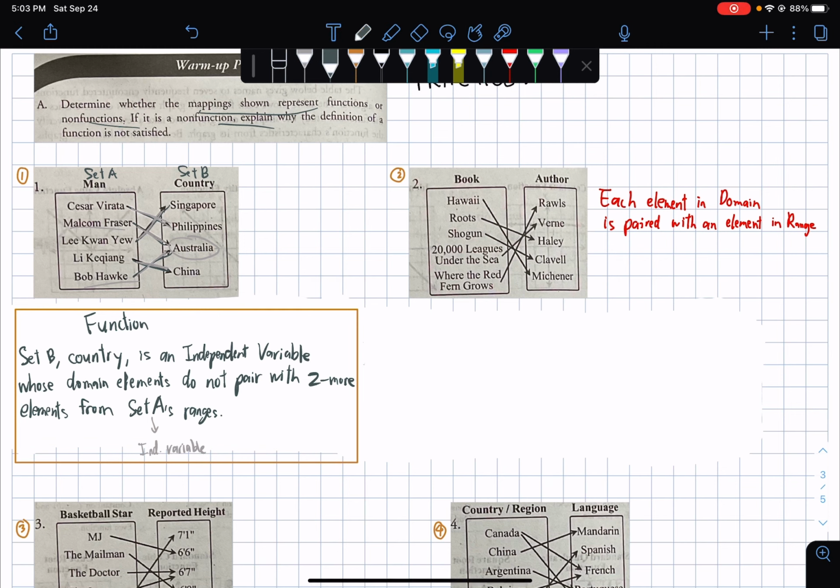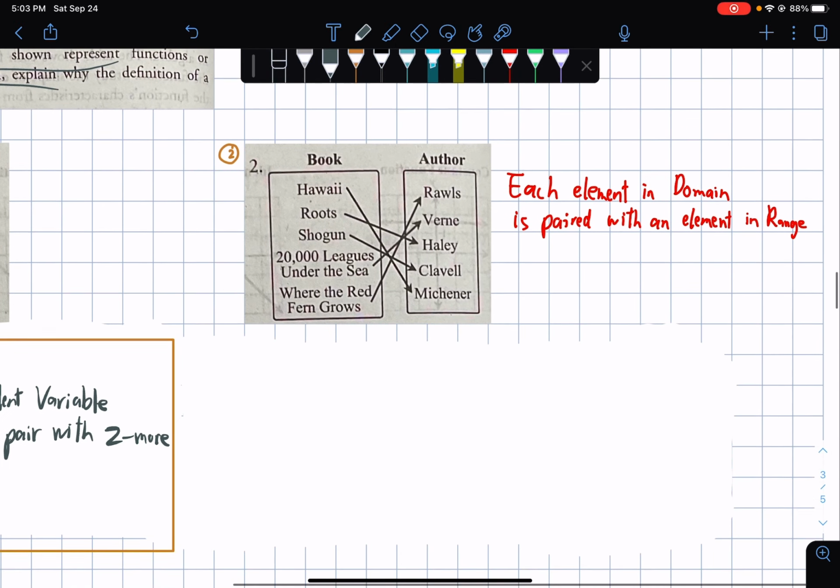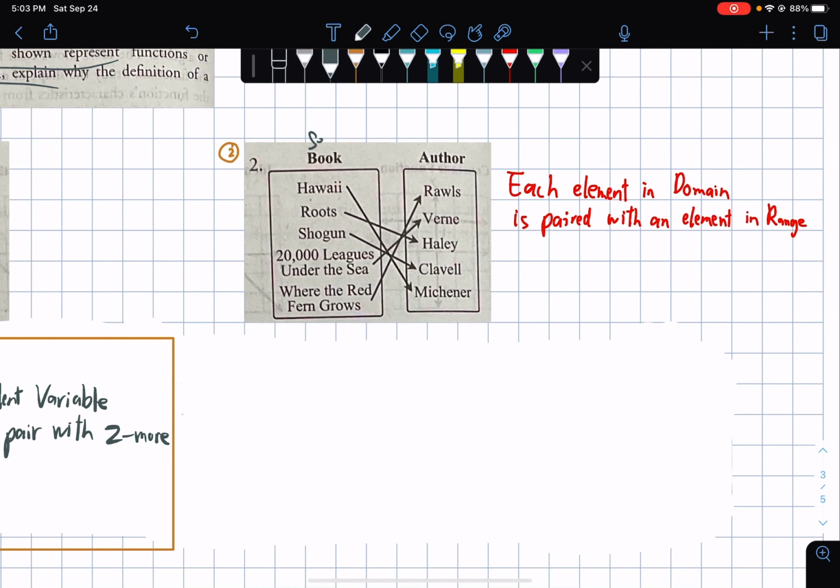All right, so for number 2, we have book and author for set A and set B, respectively. We have Hawaii to Michener, Roots to Haley, Shogun to Clavell, 20,000 Leagues Under the Sea, Verne, Where the Red Fern Grows to Rawls.